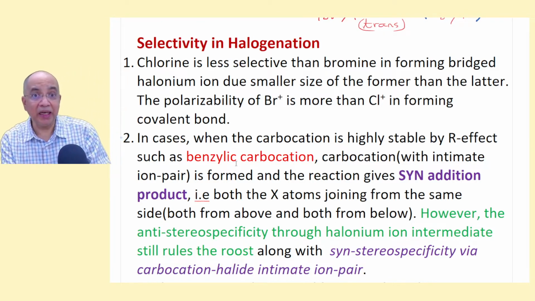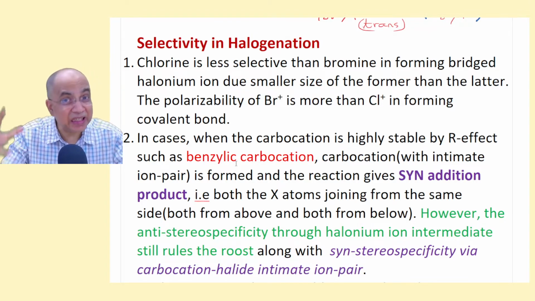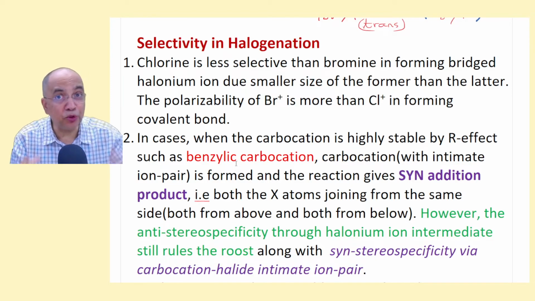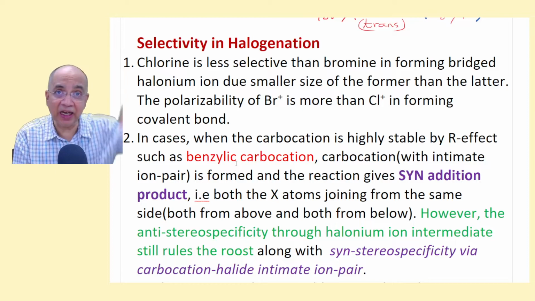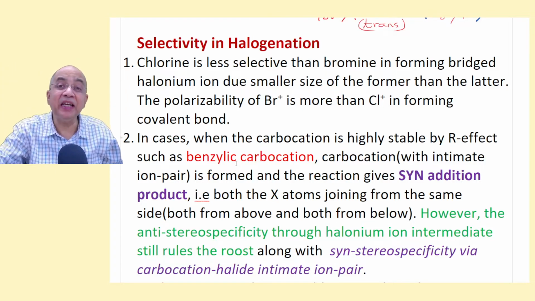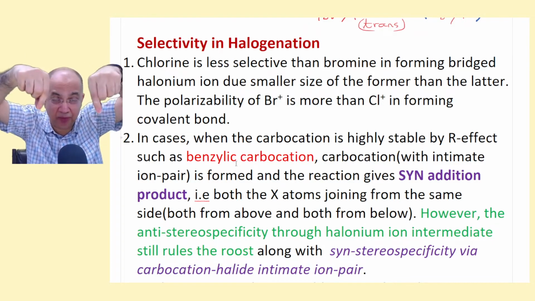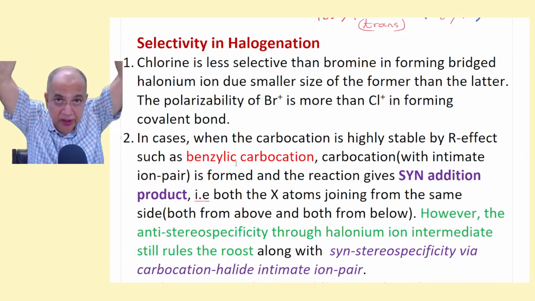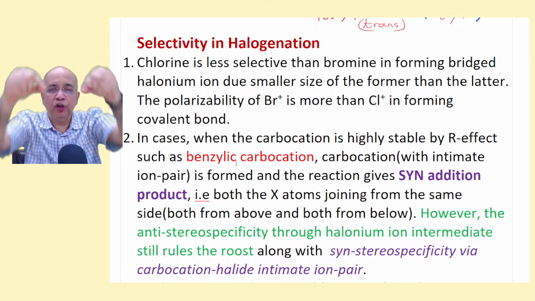But there can be another possibility, a syn addition. The syn addition is opposite to the anti-addition or trans-addition. In anti-addition, like this. But in syn addition, both will be coming from the same side, the same face of the double bond. 50% this and 50% this. Both from above, both from below.